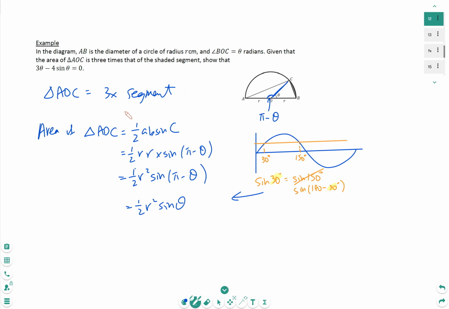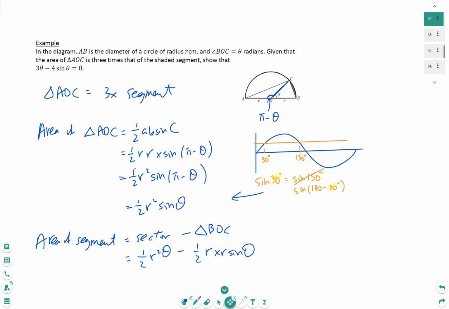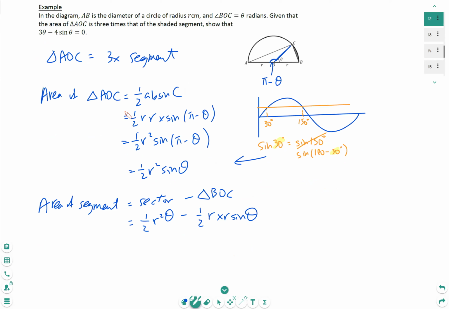For the area of the segment, the area of the segment is the sector minus the triangle BOC. So the sector is half r squared theta, half r squared theta minus half AB sine C. So if we simplify a little bit, half r squared theta minus half r squared sine theta.